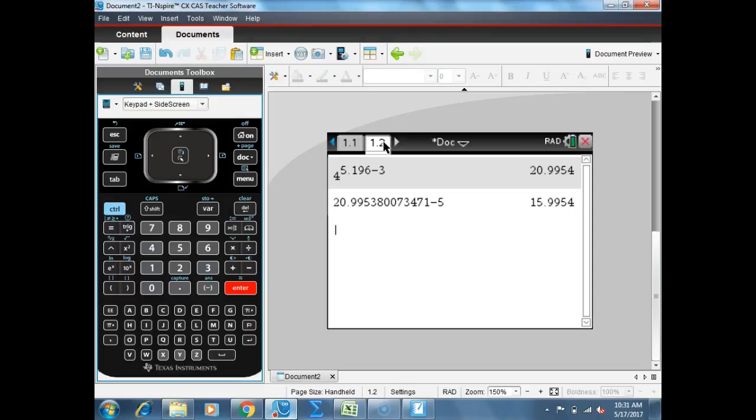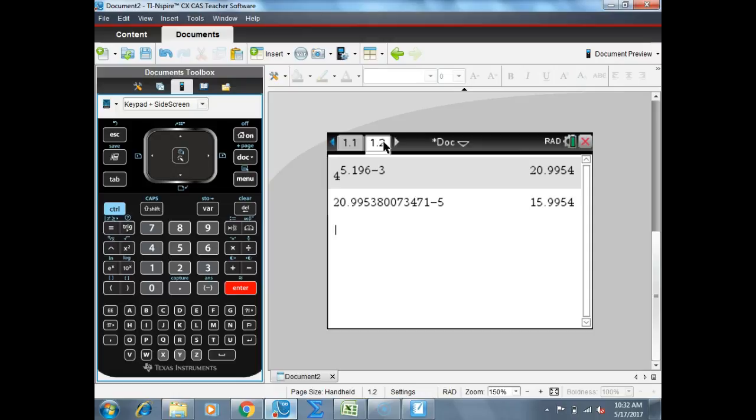It's not 16. But it's not 16. So how come it's not 16? Because we what? It's an R word. We rounded to 3 decimal points.